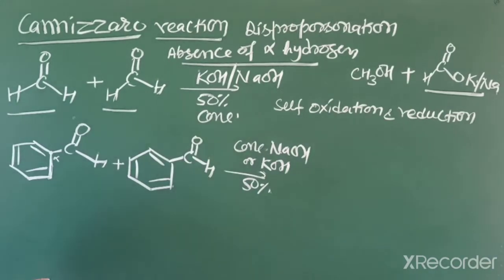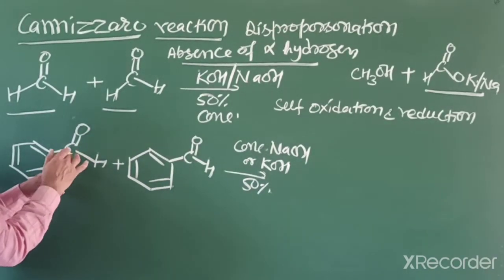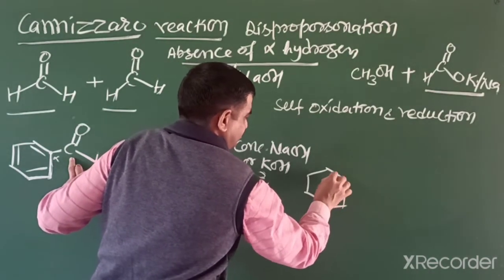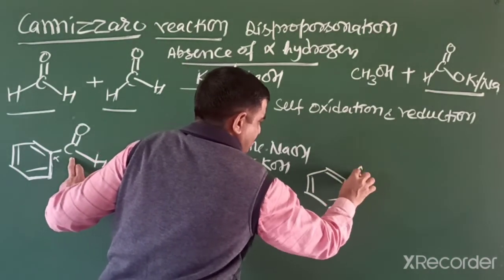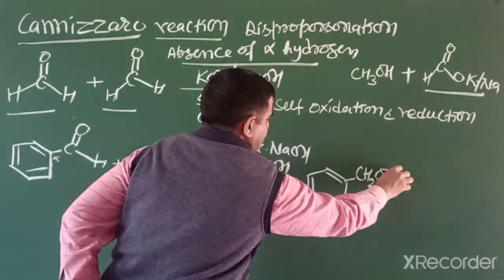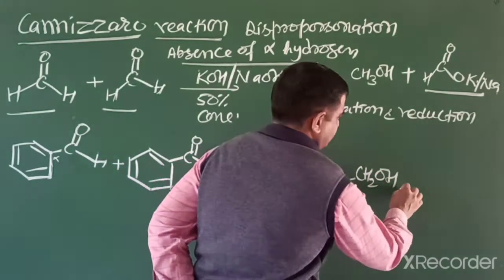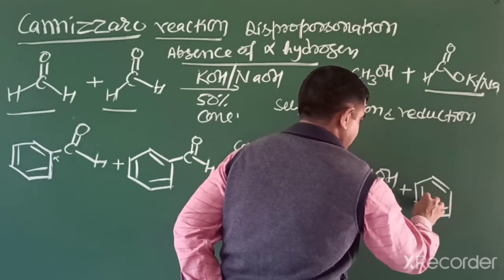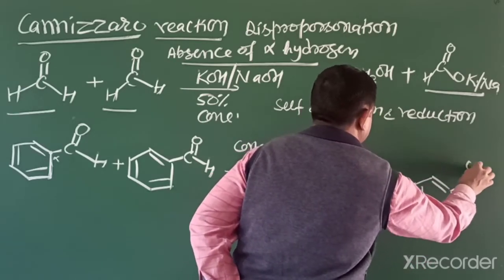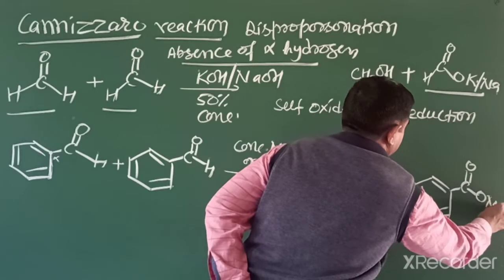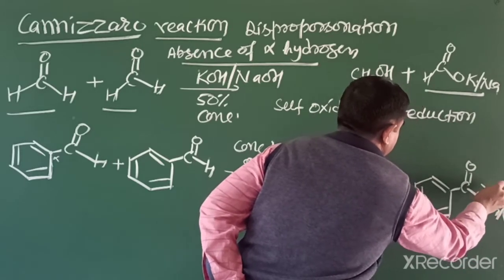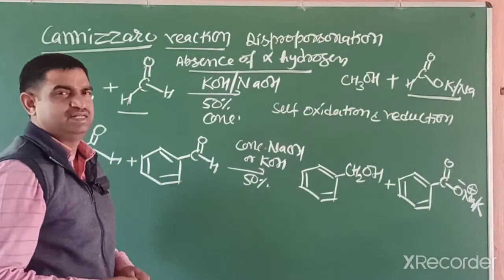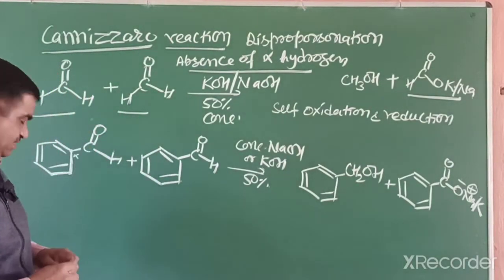One is oxidized, the other is reduced. So 1 mole changes into alcohol, the other one is a carboxylic acid salt. So in this way we can write the Cannizzaro reaction.